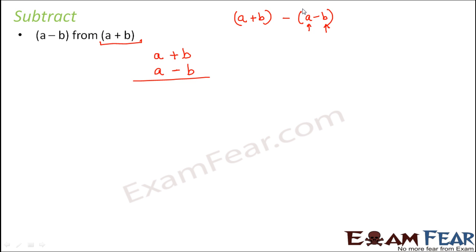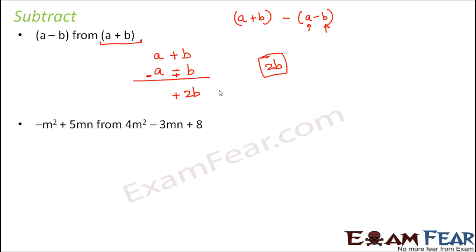That is, the signs of the smaller expression get reversed. The same thing should happen here also. You just reverse the sign. A was plus, you make it minus. B was minus, you make it plus. Once you have done that, you perform the addition. Now you have plus b, that is it becomes plus 2b. Now you have a minus a, that is 0. Therefore the result would be 2b.